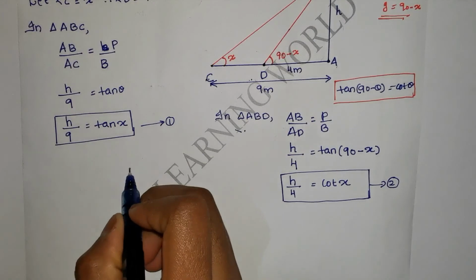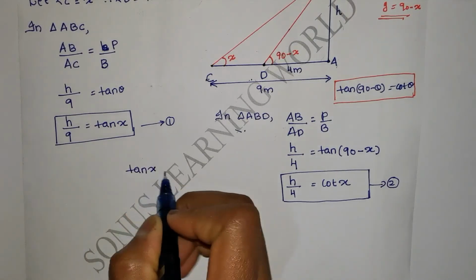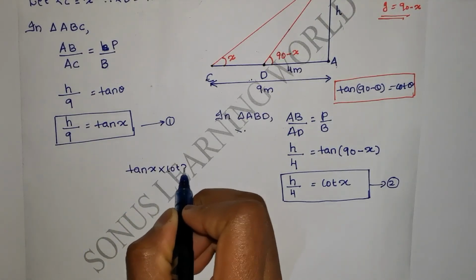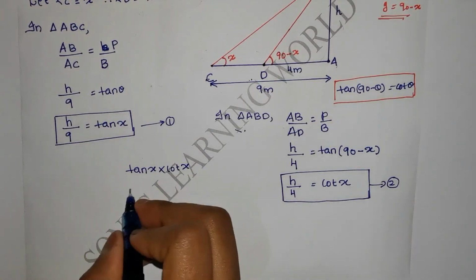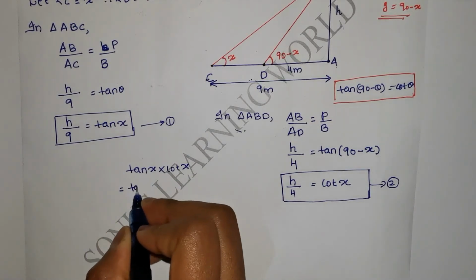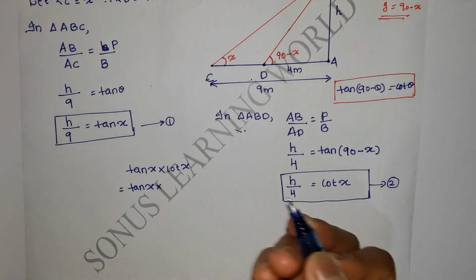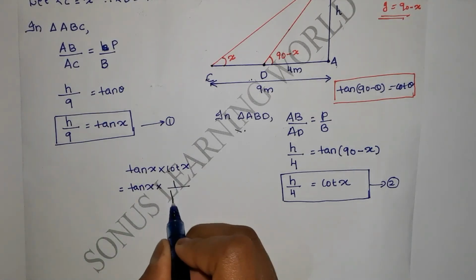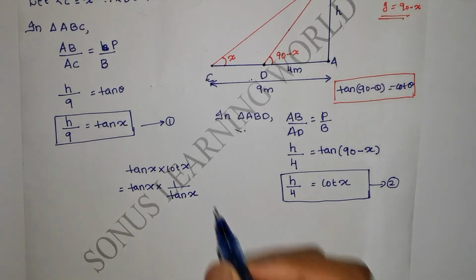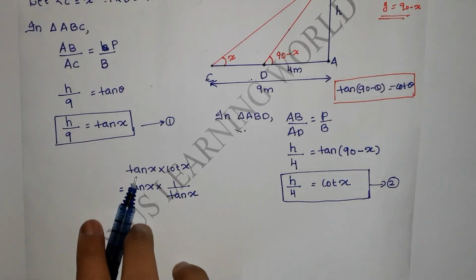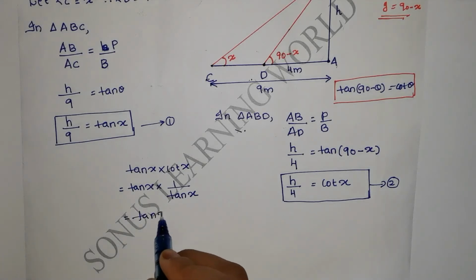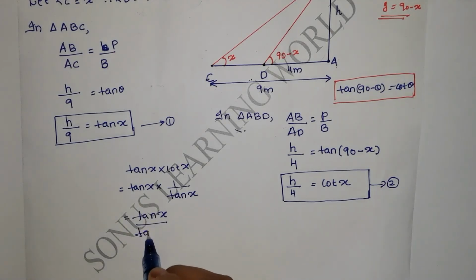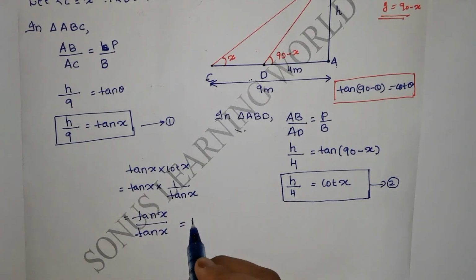So students, what is tan x into cot x? Tan x into cot x is tan x by tan x, and we will get 1 as our answer.